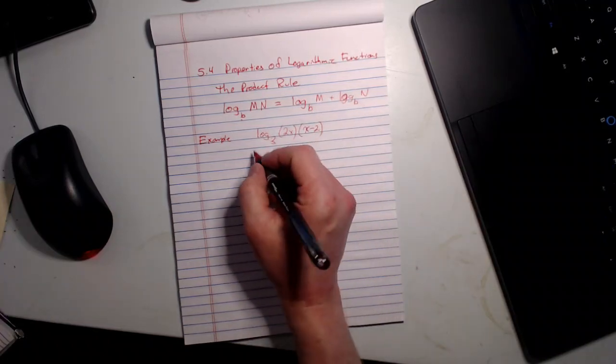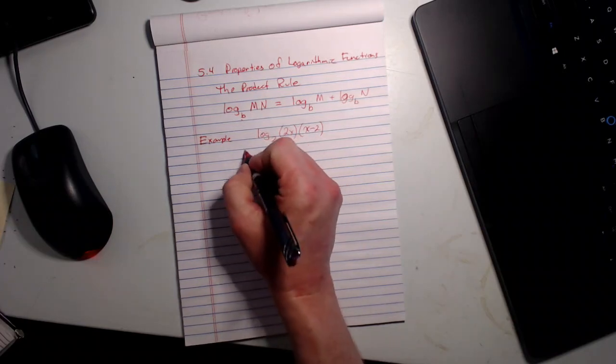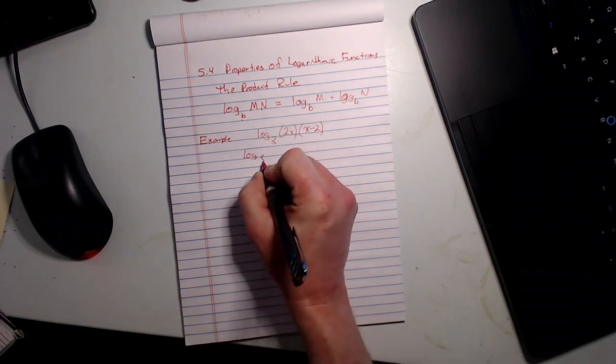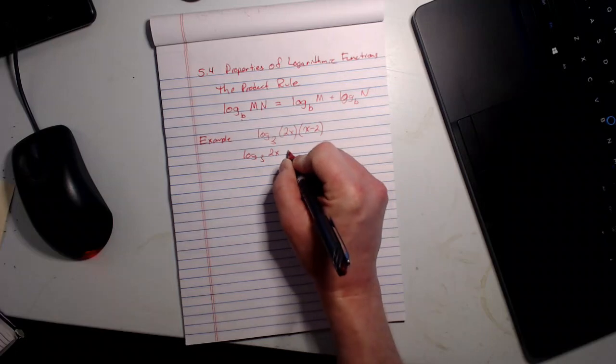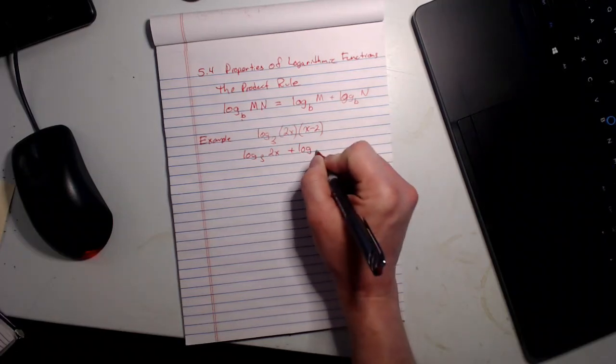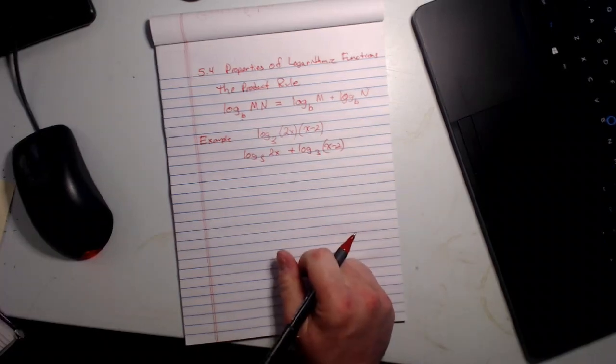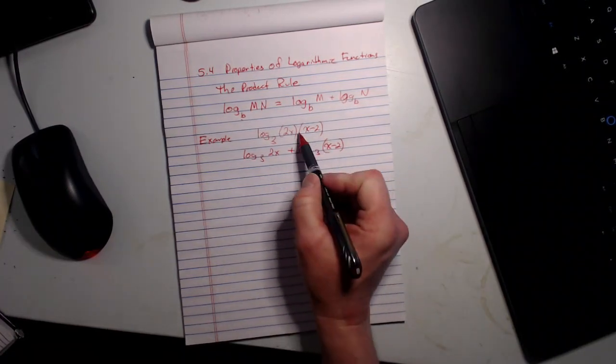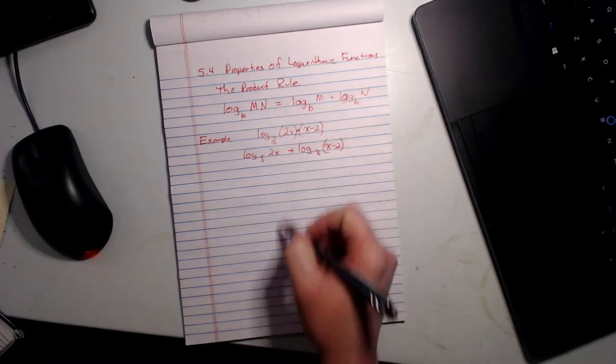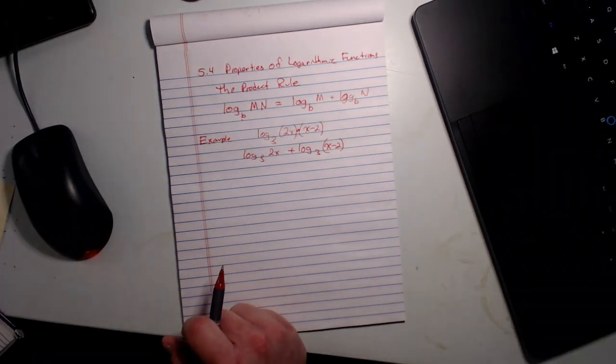And we can separate this into log base 3 of 2x plus log base 3 of x minus 2. Anytime you have multiplication here, it turns it into addition.